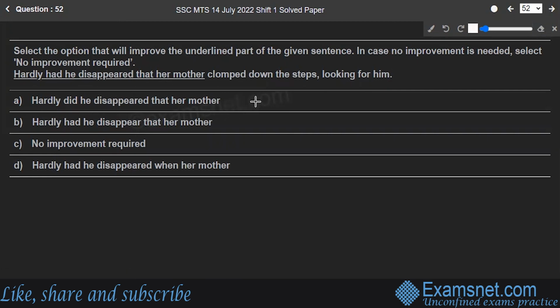Is it option A, hardly did he disappear that her mother, hardly had he disappeared that her mother, no improvement is needed, or hardly had he disappeared when her mother? See, if you are reading this sentence, hardly had he disappeared that her mother, this contains an error. Here, that is wrong. It should be replaced by when to make the sentence correct. In more formal styles, we refer to something happening immediately after.